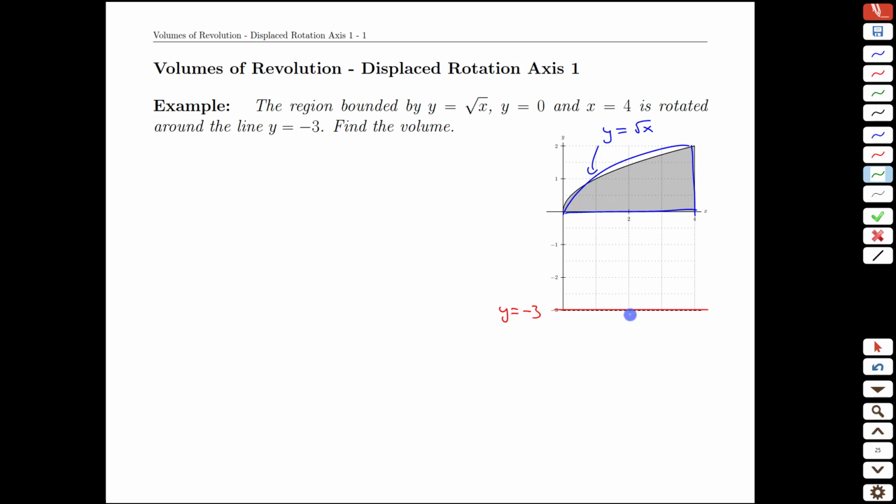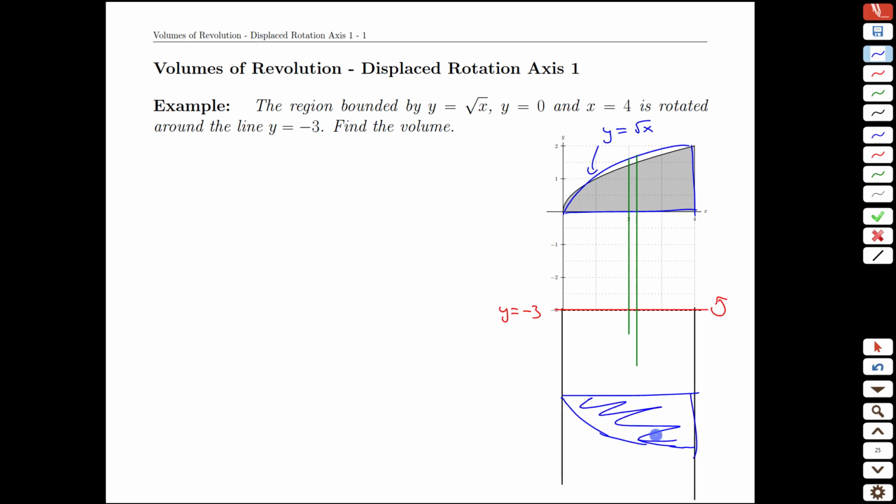If we're going to rotate around that axis, let's add that as a circle here, we're going to cut perpendicular to that, because if we cut perpendicular, we're going to get circular shapes. In fact, we can imagine a mirror image of this shape down here. This is going to get rotated around all the way down to here and have this kind of cross-section.